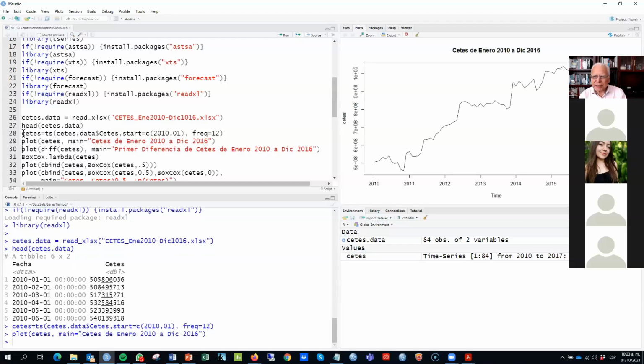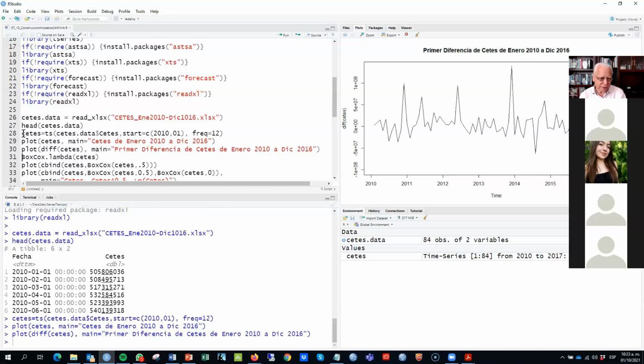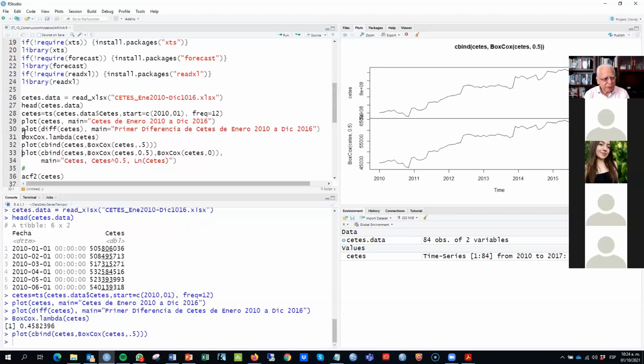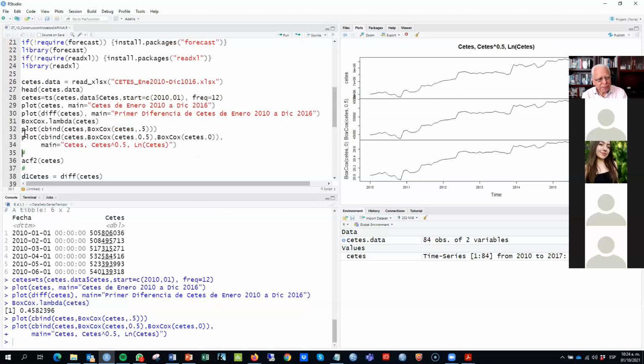That's the plot of the series that we already saw in the presentation. And that's the plot of the first difference of the series. If we look at the Box-Cox lambda, it gives me 0.45, which is very close to 0.5. So I can try to make the plot that we showed you in the presentation, where I show the original data, then the data transformed with the optimal lambda, and the log of the data, which is halfway between lambda 1 and 0.